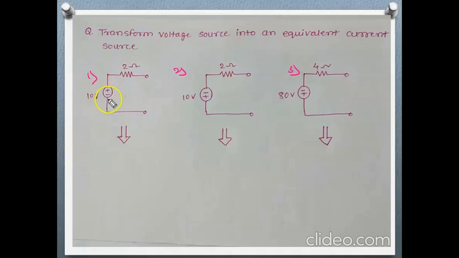So let's take the first. Here 10 volt is given. It will be the voltage V, and RS is connected in series, so this will be nothing but RS, the internal resistance of this voltage source. So the equivalent current source will be in this manner.